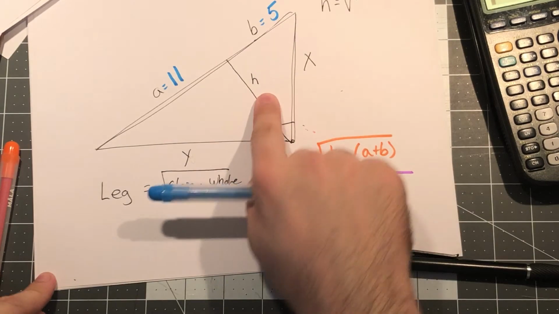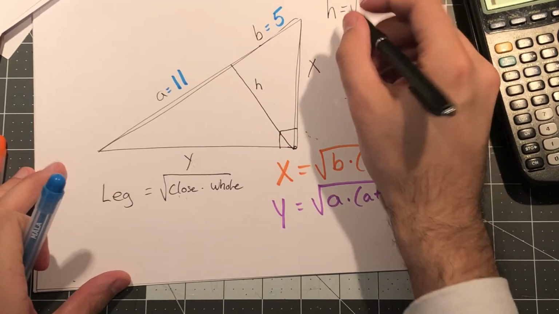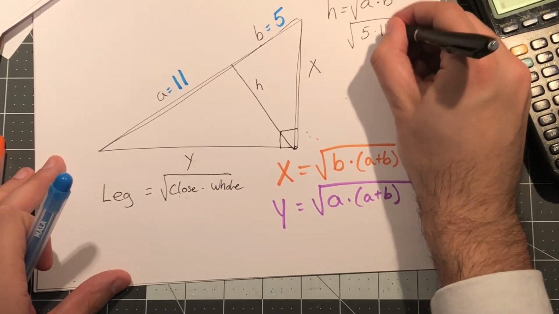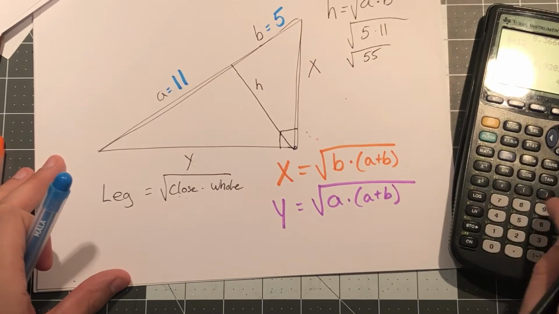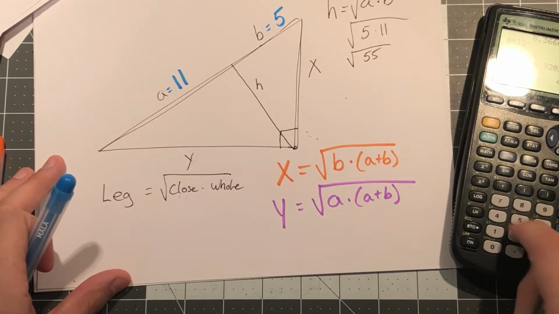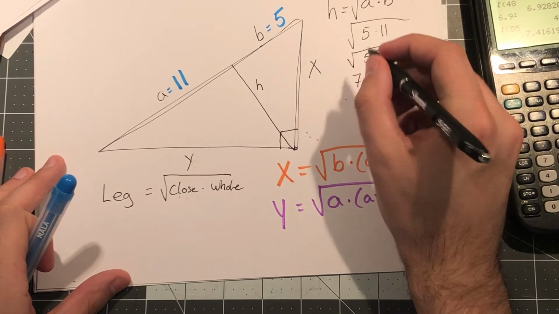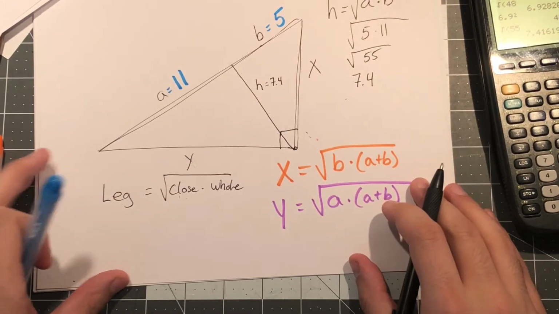For example, we can do this one again. This is just good practice. H is going to be the square root of 5 times 11, or 55. And we'll just simplify that to one decimal place. How about 7.4? So we can get that 7.4.